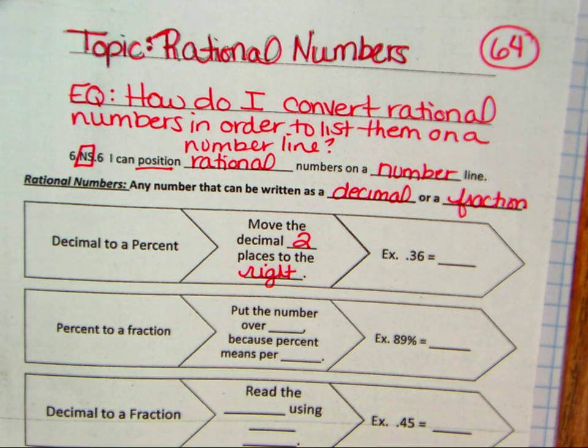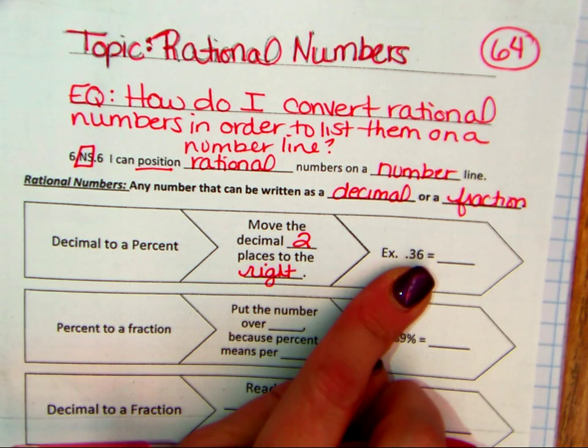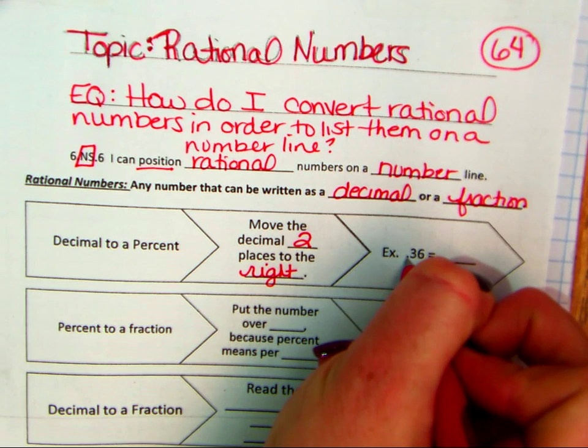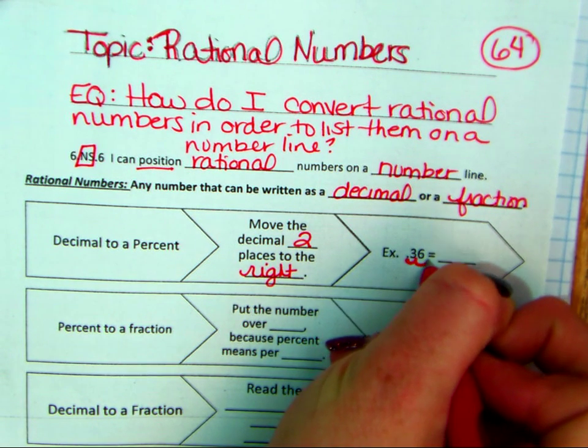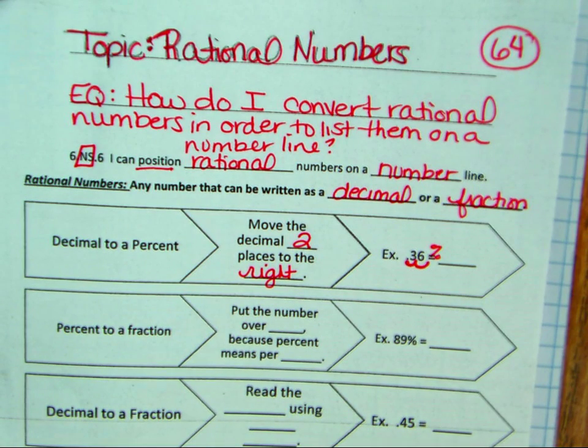So for example, if I were to have 36/100ths like this, and I needed to convert that to a percentage, all I do is take my little decimal point, move it twice to the right, once, twice, and then I add where it lands my percentage sign.